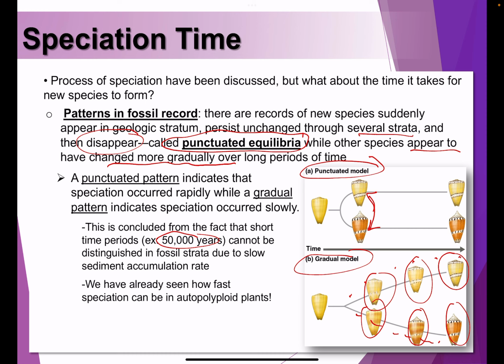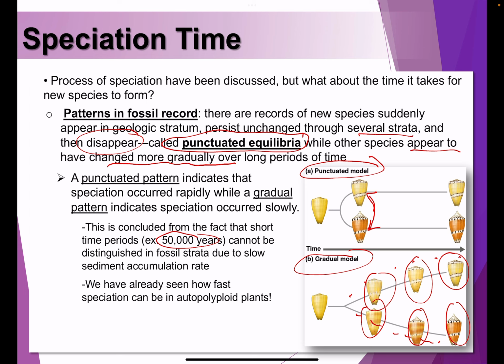So when we're talking about short time periods like this, they actually cannot be distinguished in fossil strata, due to how slowly sediment accumulation happens. It's a pretty slow process. So when things happen this fast, it ends up being punctuated equilibria, where things look as if they disappear completely, but they have just changed.